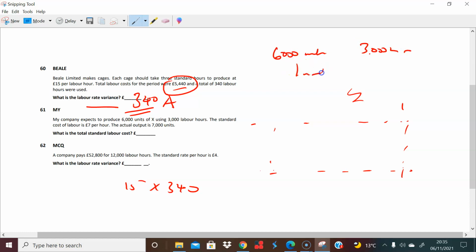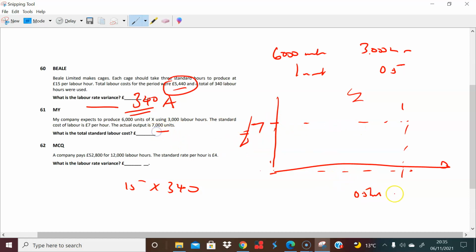So that means for one unit they're expecting to use 0.5 hours. I know I need 0.5 hours to make each unit. The standard cost is £7 an hour. That's what we're going to be spending per hour. And the actual output, to make 7,000 units, I will need 0.5 times 7,000 units.